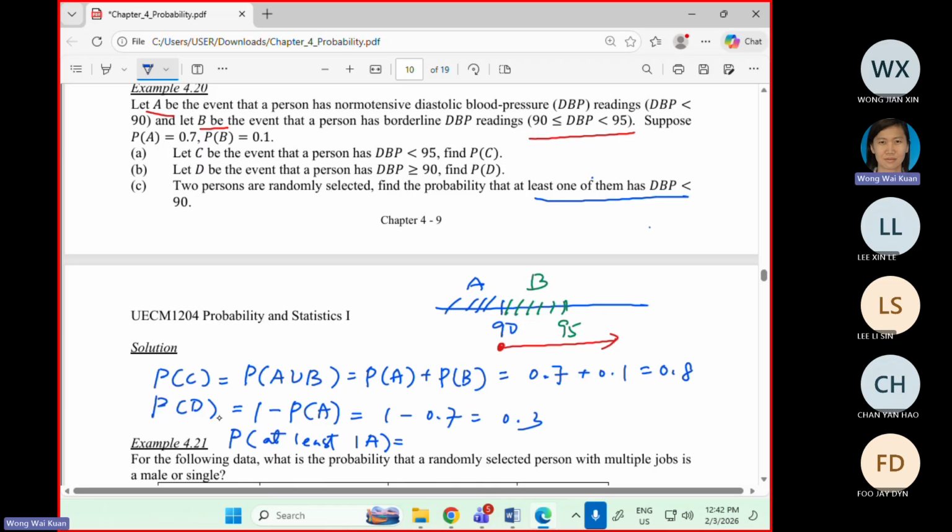D is the one not A, right? So I'm having the complement. At least one A, so the complement is both of them not A. So that is 1 minus 0.3 times 0.3, so that is 0.91.